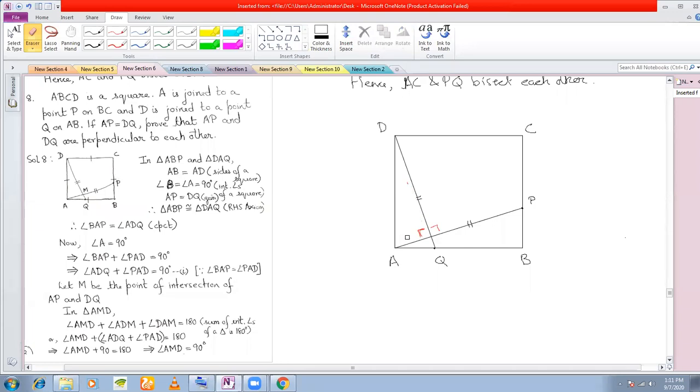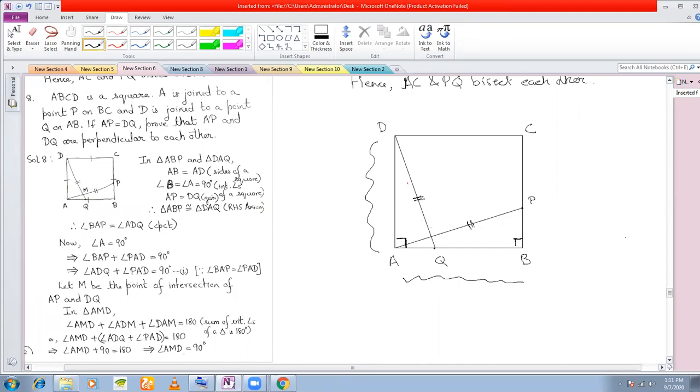Well, first of all, these two sides are given to be equal. What I also know is that these two angles are also 90 degrees because it is a square. And what else do I know? I know that this side is equal to this side because it is a square.